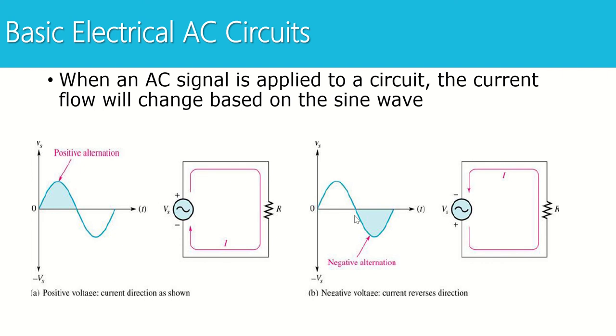And at that point where the voltage becomes negative, the direction of the current flow changes. Now it's going counterclockwise. And again, that means the polarity of your resistors are going to continue to flip-flop as long as this sine wave continues to have both positive and negative alternations.